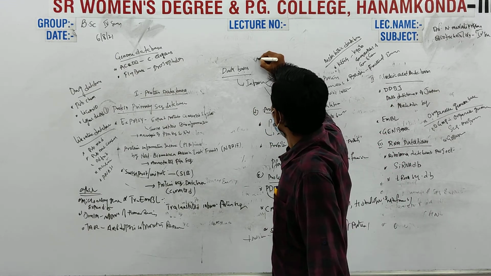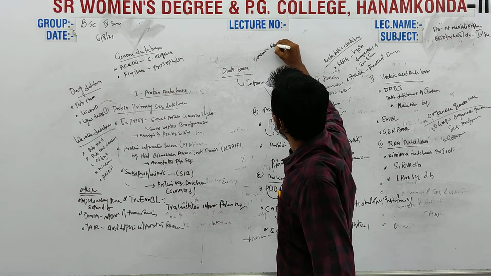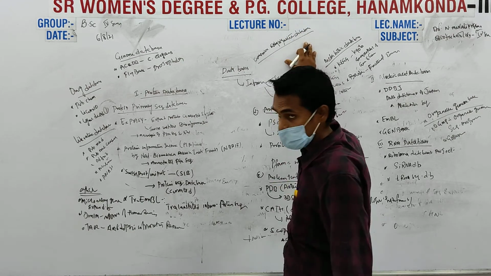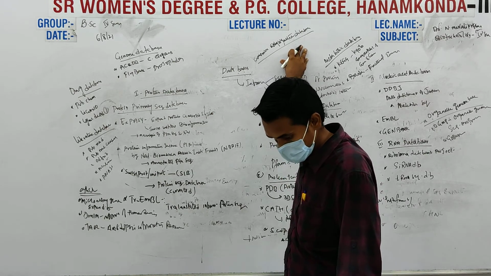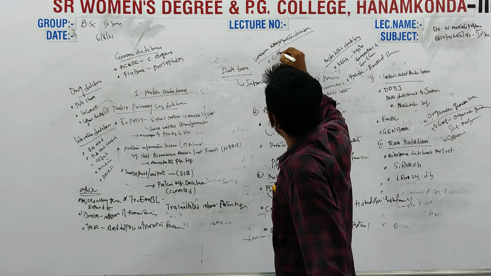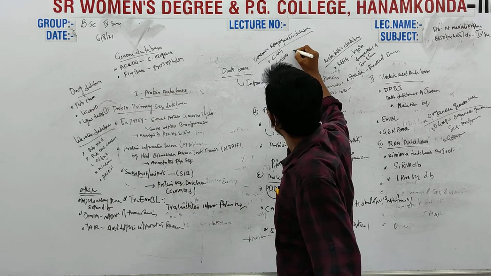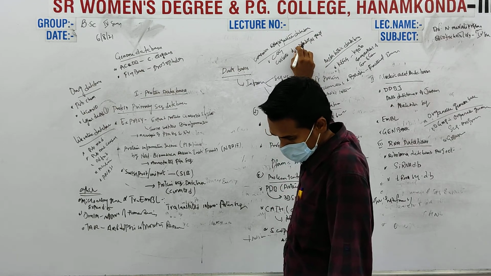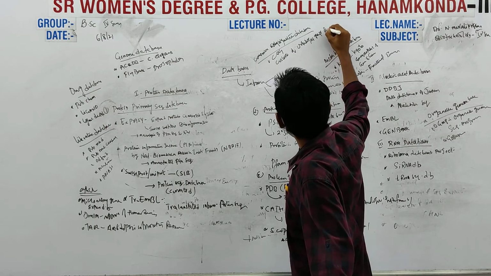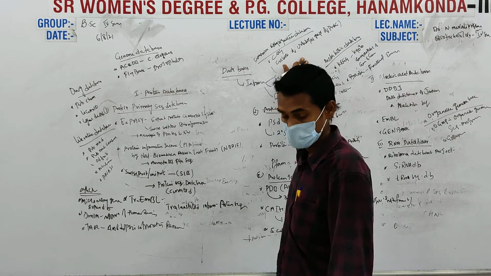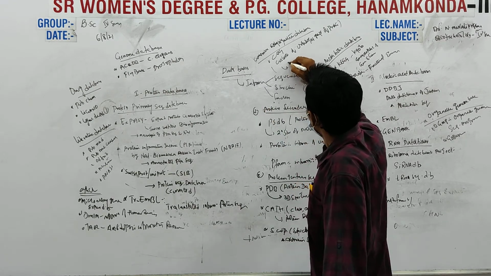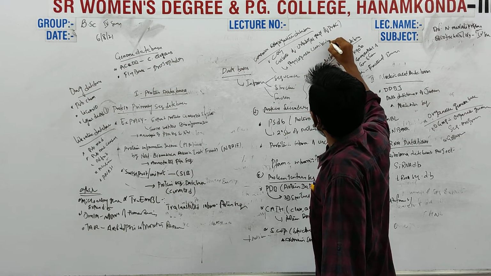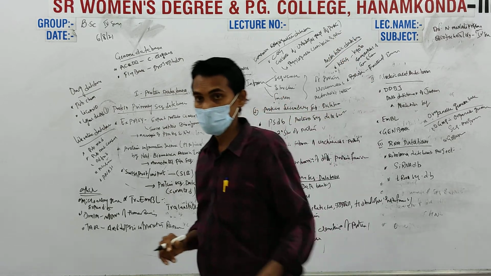Next, comparative and phylogenetic databases, which include COG, clusters of orthologous groups of proteins, which gives the information about phylogenetic classification of proteins.